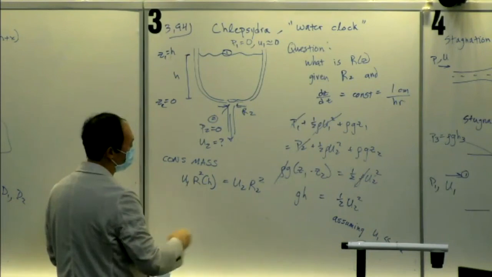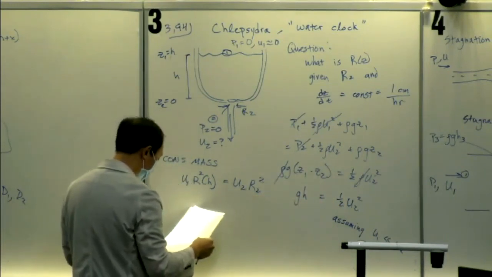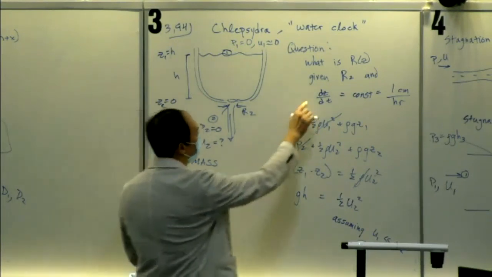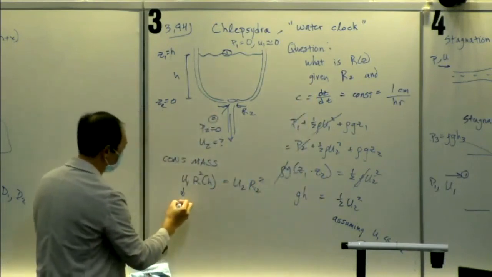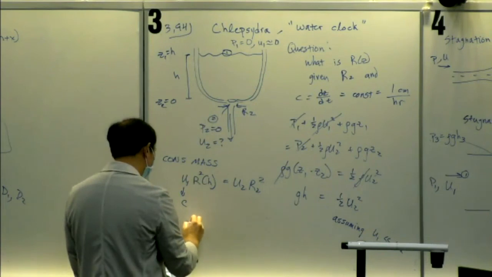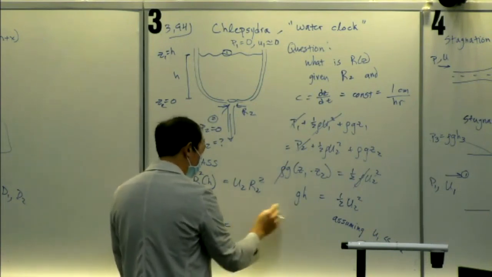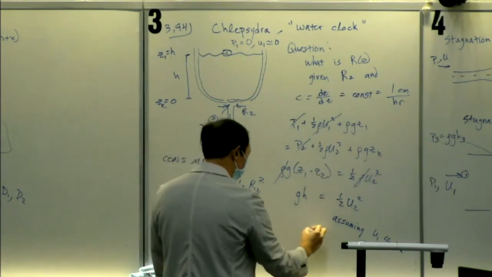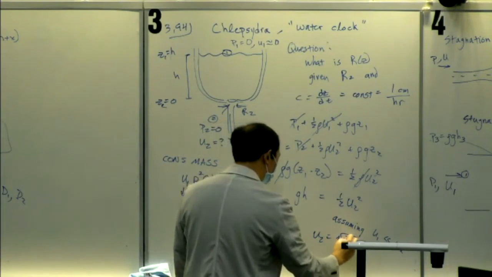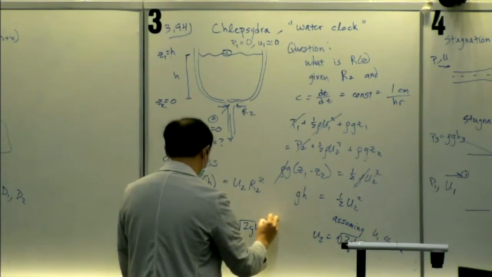The easiest way to do this is now we substitute. So first we know that U1 R of H squared is equal to a constant, so we'll call this C, and we substitute for U2. We've got C equals U2 R2 squared. Plug this in. So let's make this nice. U2 is equal to the square root of 2GH, times R2 squared.